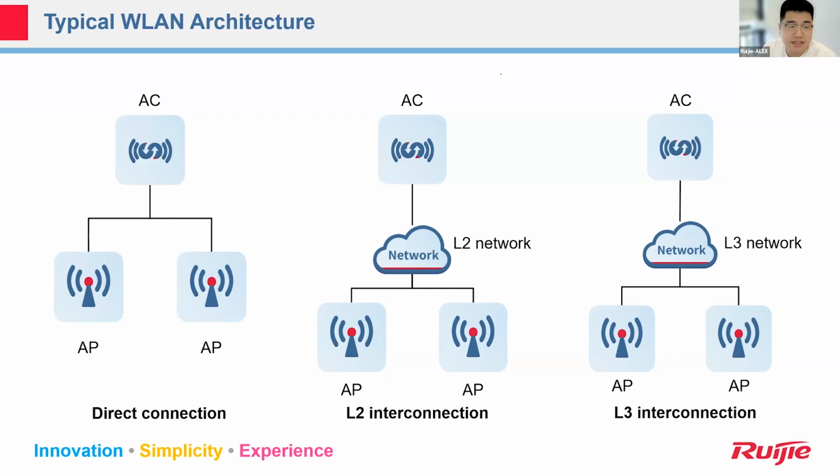Direct connection means we use physical cables to directly connect the AP with the AC, for example, AP1 with G01 of the AC and AP2 with G02 on the AC. This kind of architecture is seldom used in real networks, because the ports of the AC are limited.